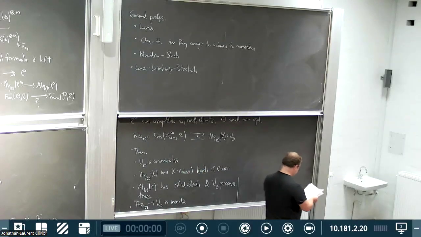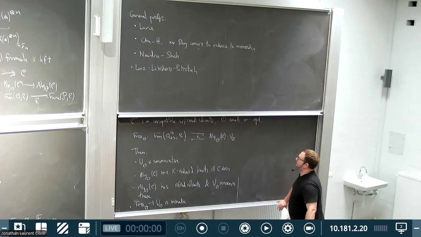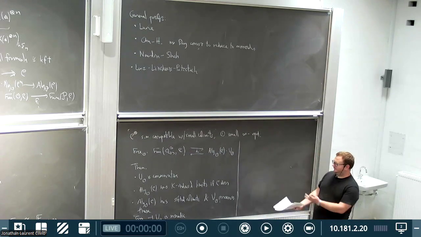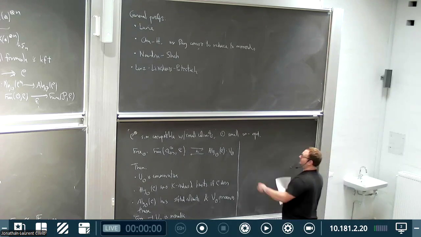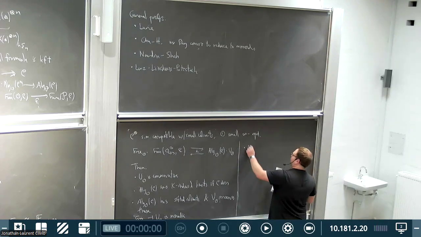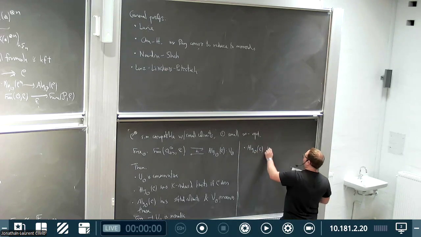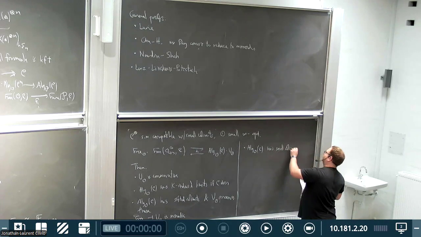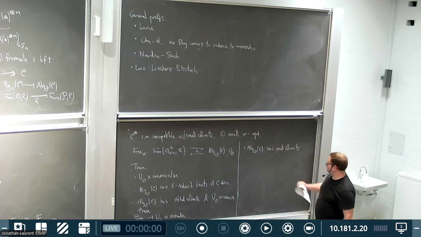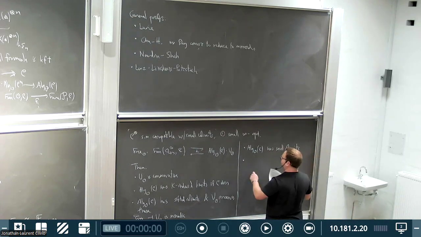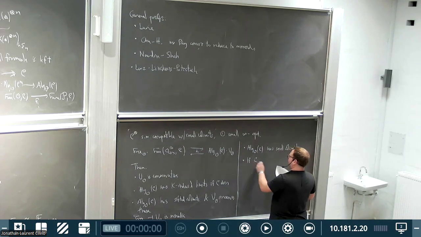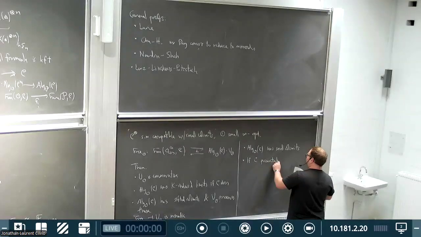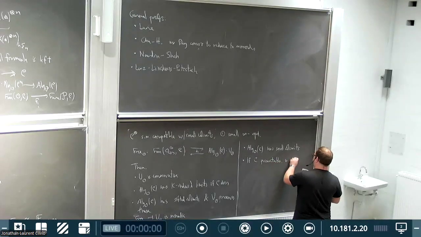And then you can use some general facts about algebras over monads to conclude that in fact Alg_O(C) has all small colimits. And if C is not just cocomplete but presentable, then so is Alg_O(C).